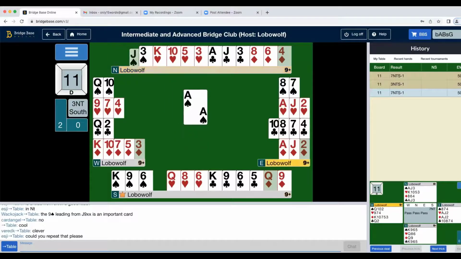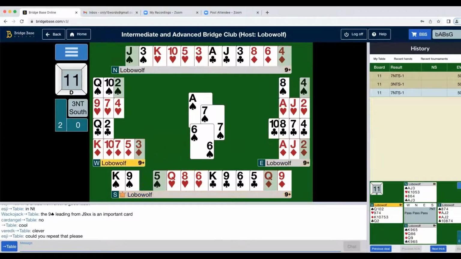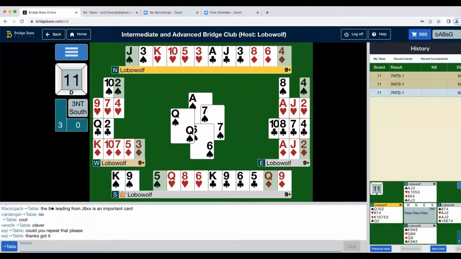And so when declarer plays the ace, you have to play it. If you play the 10, declarer is going to drop your queen on the next round. So you have to play the queen here and give declarer a chance to think that East has the 10.